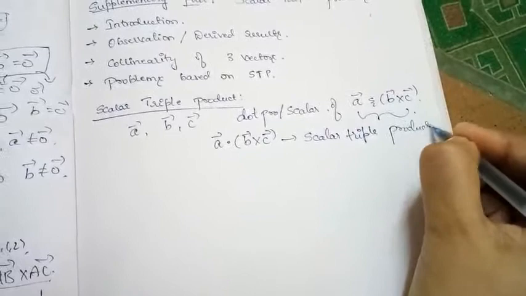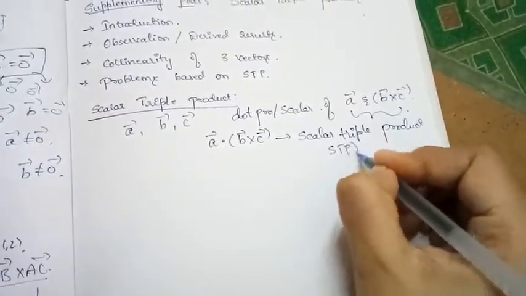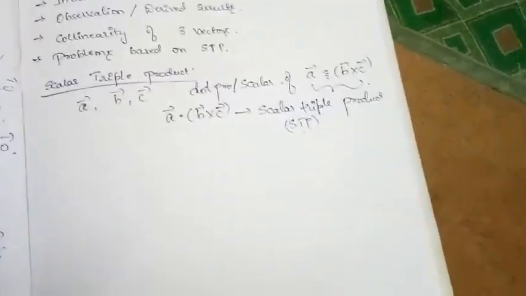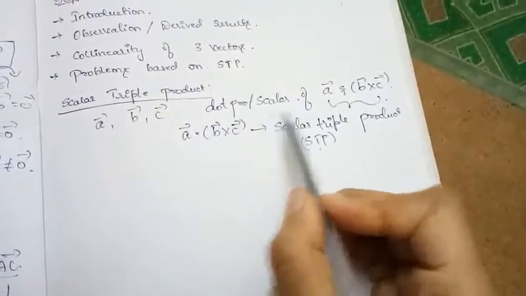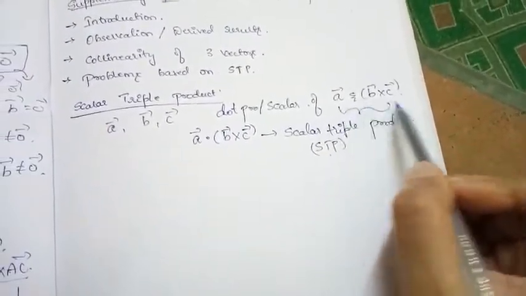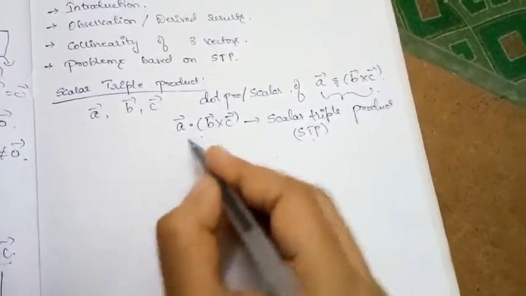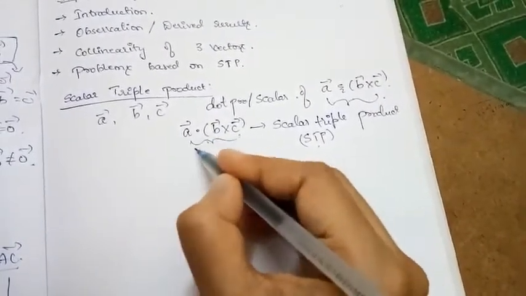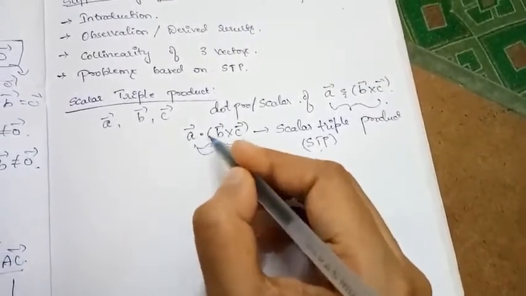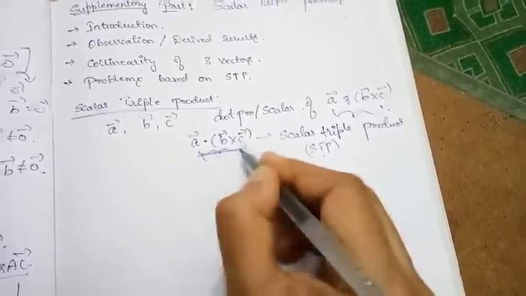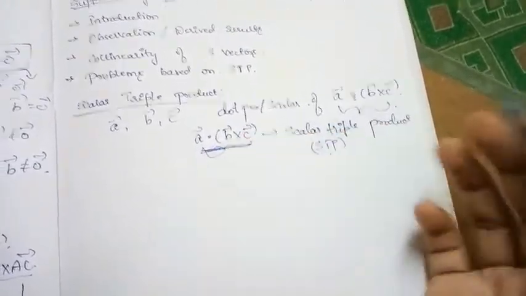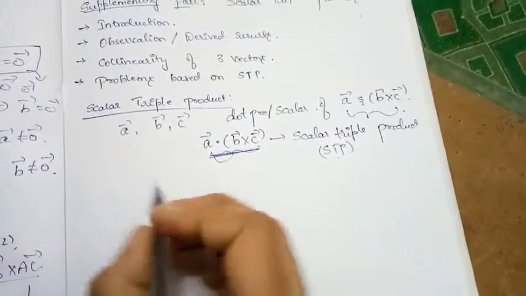In short form I am representing it as STP in the rest of the explanation. So the dot product of vector A and B cross C is called a scalar triple product, and it is represented in this order, that is vector A dot B cross C. The order matters here.